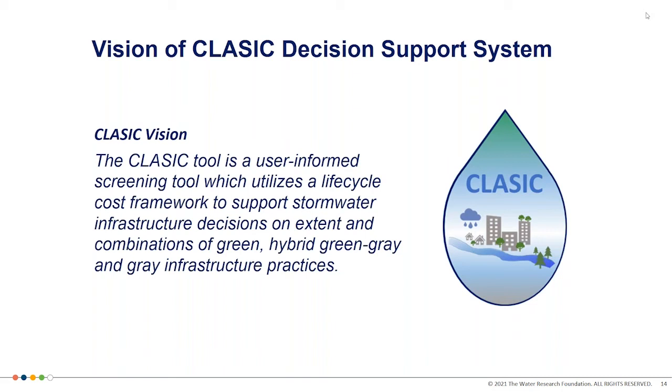So looking at all sorts of stormwater control measures and their applicability. It's really intended to be applied at a larger scale and inform these higher level screening decisions. After a user has used CLASIC, they may decide on types and extent of stormwater control measures and then move to some of the more detailed design tools like SWIM or National Stormwater Calculator.